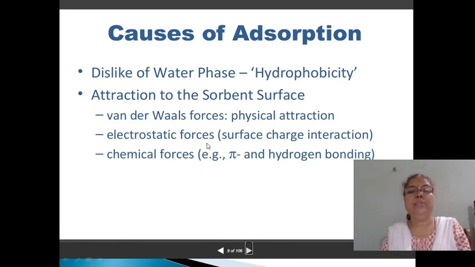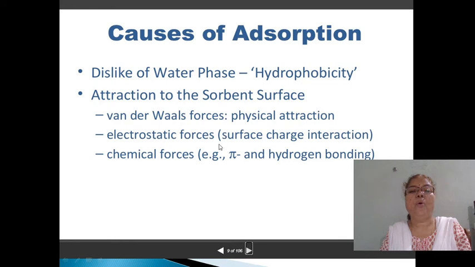When electrostatic forces occur between the adsorbate and adsorbent, that means the surface charge interaction takes place, and this is also one cause behind the phenomenon of adsorption. And the chemical forces, for example, pi and hydrogen bonding.